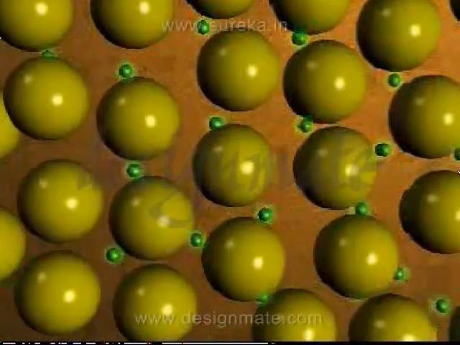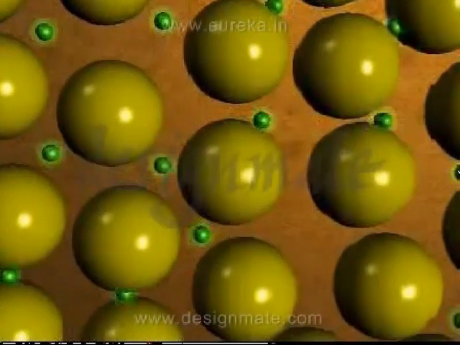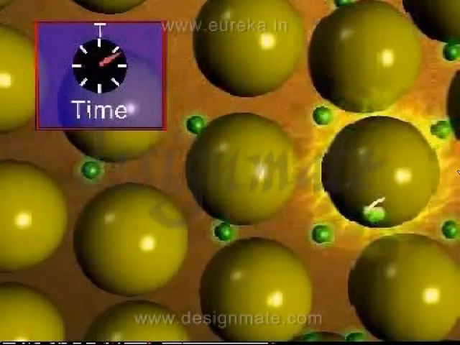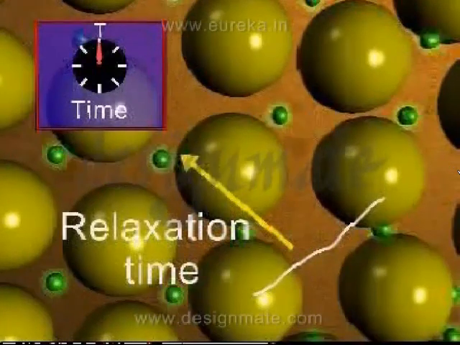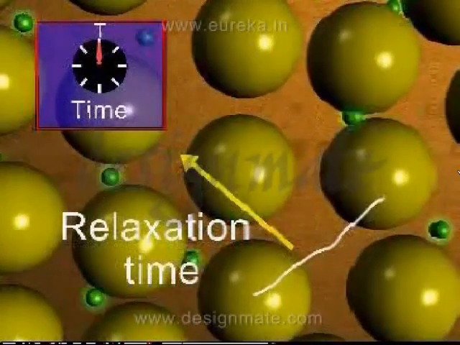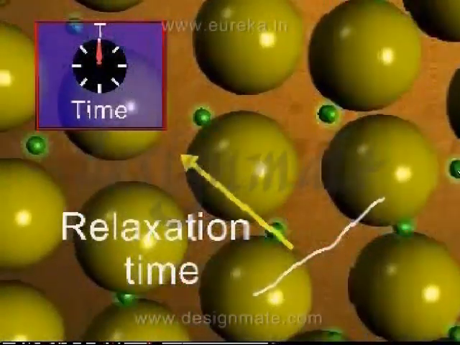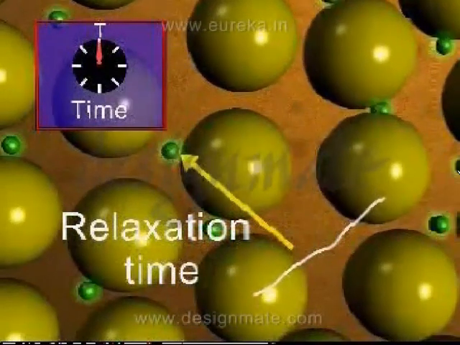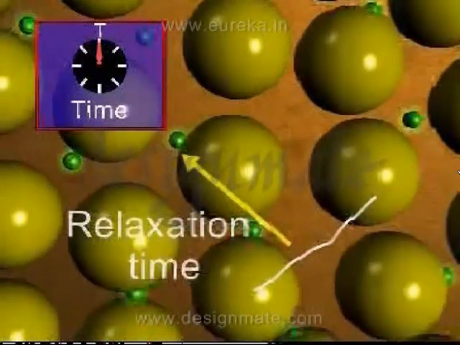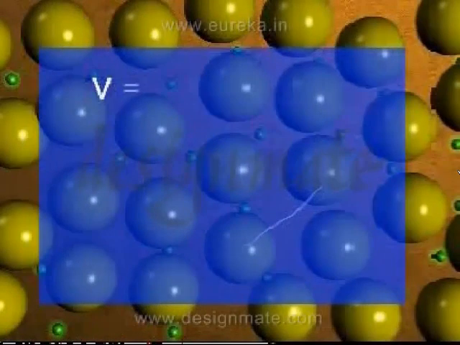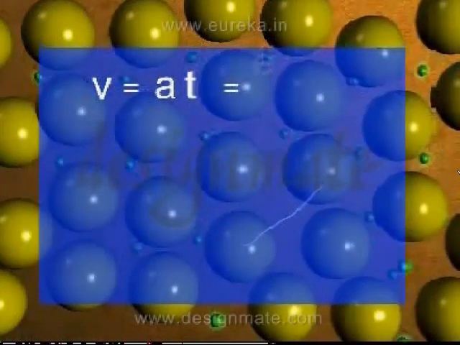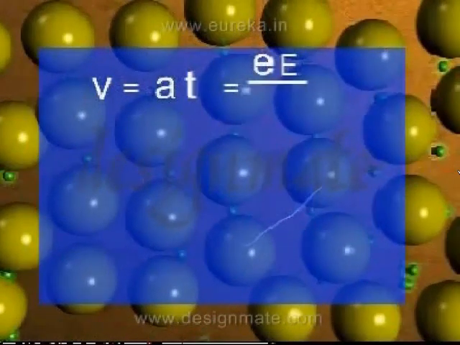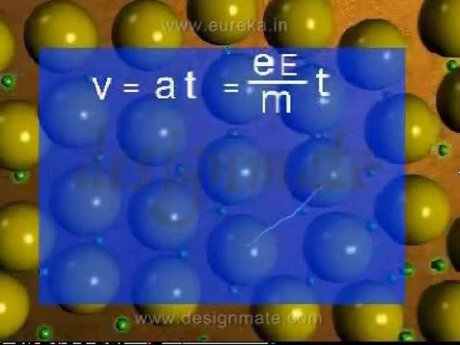If tau is the average time spent by an electron between its two successive collisions with the ions, also called the relaxation time, then the velocity v acquired by it during this time interval is v is equal to a into tau, that is eE upon m into tau.